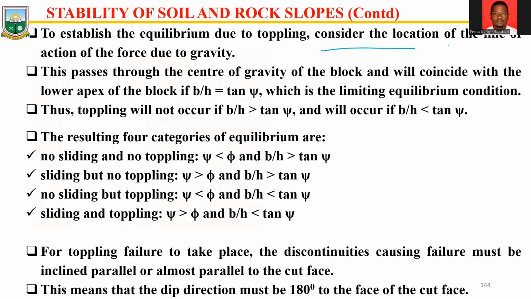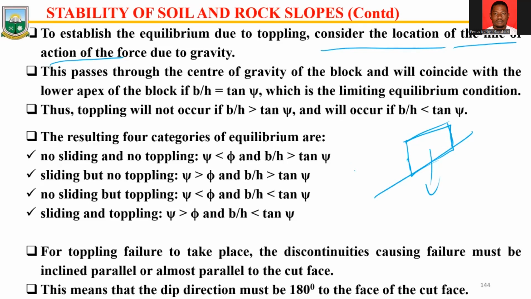So consider the location of the line of action of the force due to gravity. So you remember they said we should know the weight of the material, which can help us determine their direction as to how they are going to fall. Because when we drew this diagram in our previous slides, we said that the material has a weight that was acting downwards, okay?